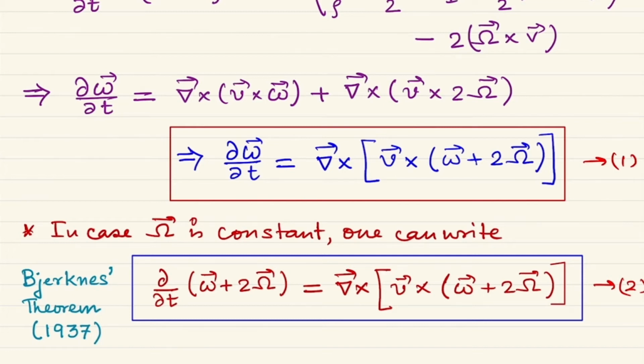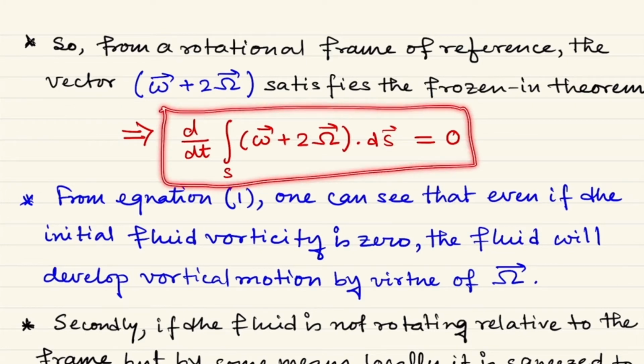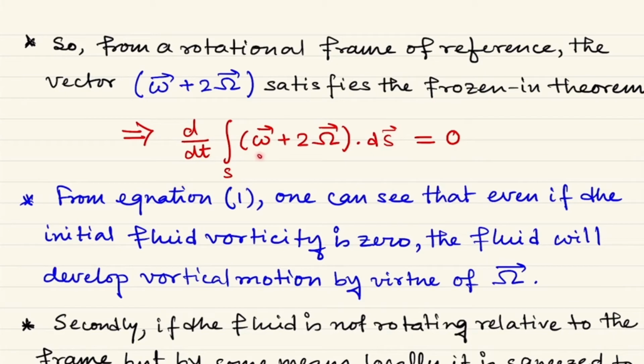So now you see that from a rotational frame of reference, the vector omega plus 2 capital omega satisfies the frozen-in theorem. What is the meaning of the frozen-in theorem? That means d/dt of the integral of omega plus 2 capital omega dot ds is equal to 0.